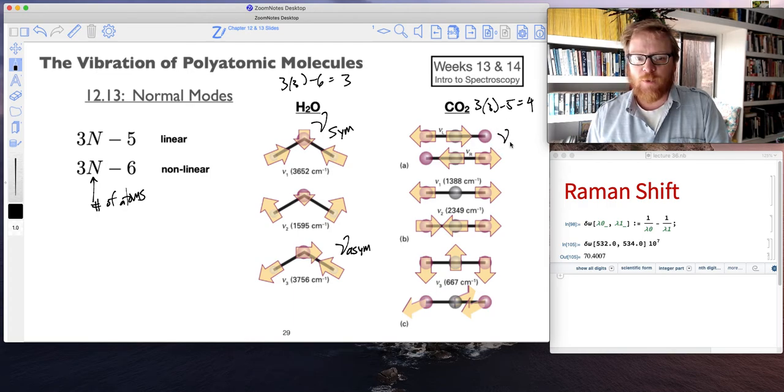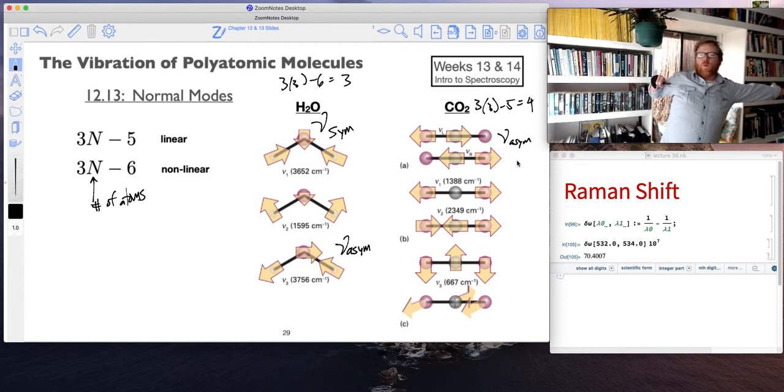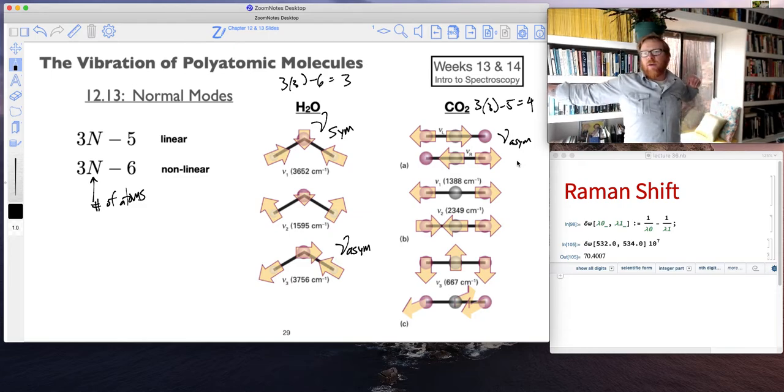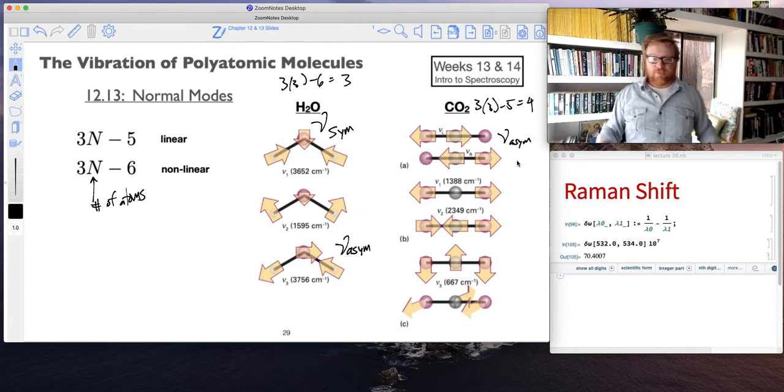Nu asym. Similarly to the water, this is when one bond compresses and the other bond is elongated, and then it recoils. So we've got this nice, lovely asymmetric stretch. Of course, that also means we have the symmetric stretch, where it just does this.